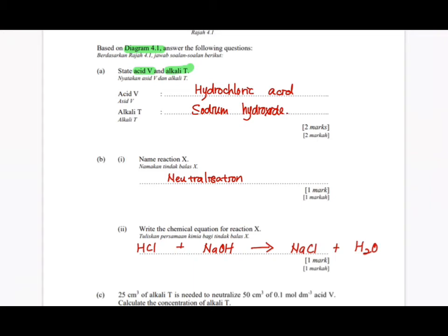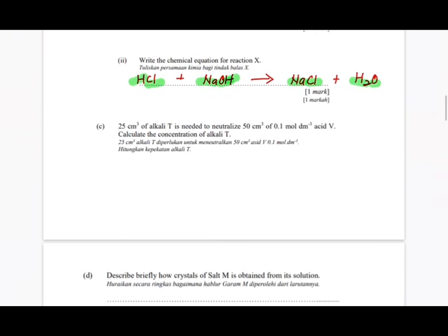For chemical equations, you have to check whether it is balanced or not. So we check one sodium, one chloride, 2H, 1O. Okay, so it's a balanced chemical equation.